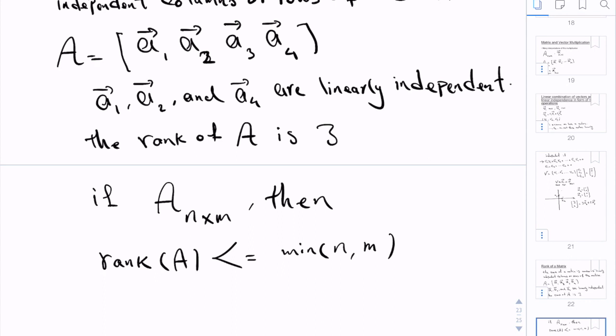For instance, if A is 3 times 10,000, then the rank of A is always smaller or equal to 3.